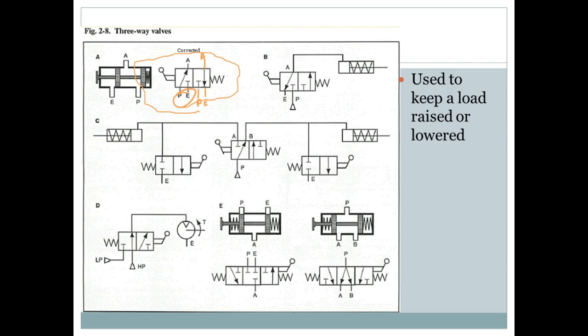So that's drawn wrong. This is drawn wrong. This is drawn wrong. This one's right. This one's right. This one's right. This one's right, because it's a 3-position valve. But see, even the guy that did this, for some reason, didn't understand that.